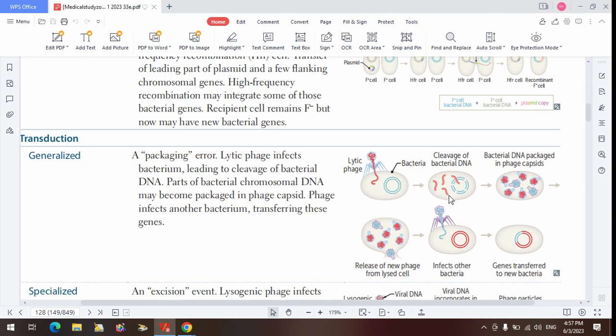Then the next thing is to take over the replication, the transcription, and the translation mechanism of that bacterial cell. It takes up all the actions by itself. So it's doing everything by itself. It's no longer under the control of the bacteria again.